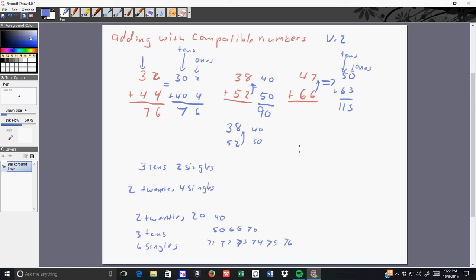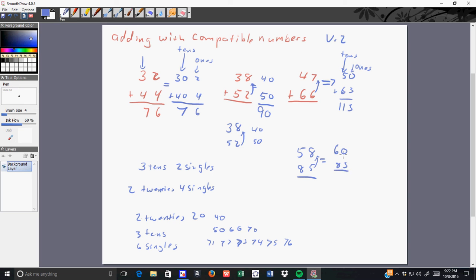I'm going to do one last one. Let's say 58 and 85. Once again, I'm going to take 2 away from here and add it up. So that becomes 60.